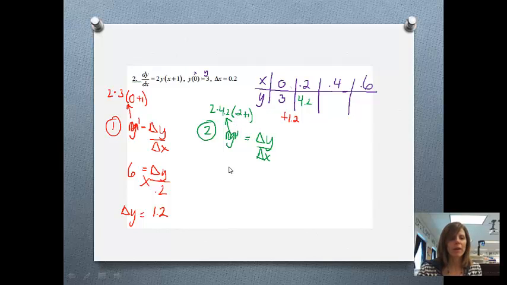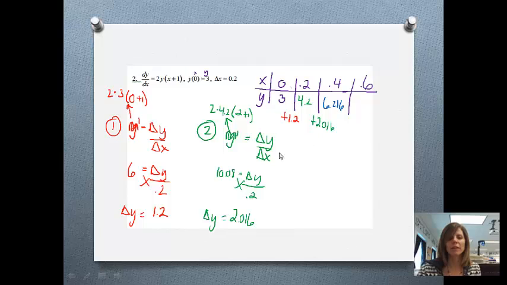So if I work that out, I will get 10.08, and that will equal delta y over 0.2, because that's my change in my x's. If I cross multiply, I'm going to get delta y is equal to 2.016, and since it's a positive, that means I get to add that to my y. Alright, so if I add 4.2 to 2.016, I will get 6.216.